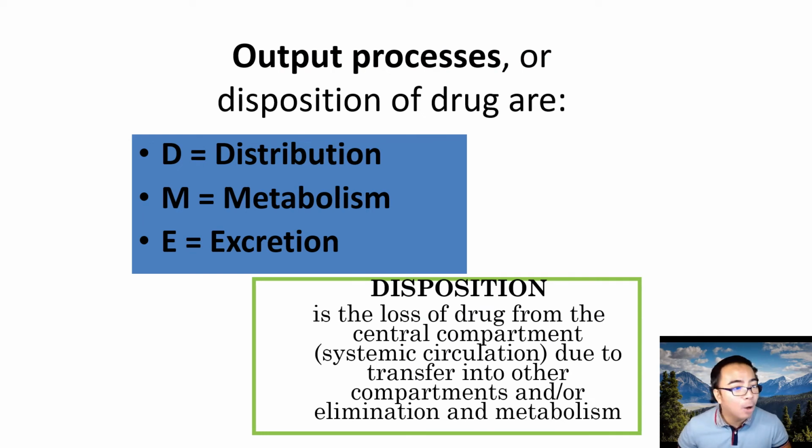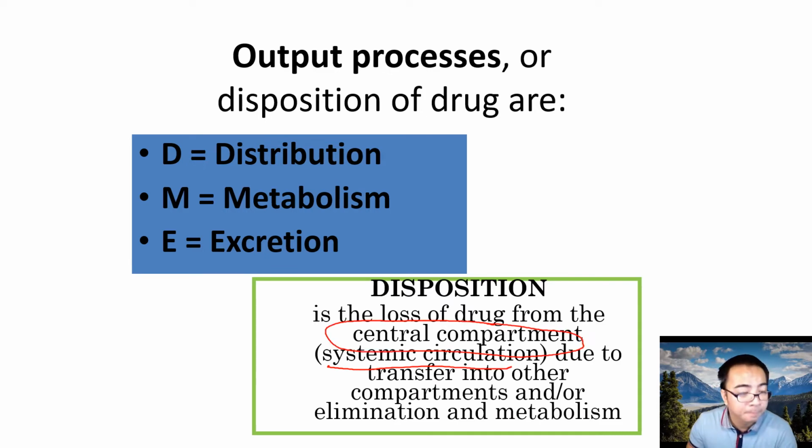Now, what are the output processes naman? For output processes, class, we have the following: distribution, metabolism, excretion. Now, so sa ADME, so DME, class, is part of the disposition process, or what we call the output processes. Okay, kasi class, by definition, disposition is simply defined as the loss of drug from the central compartment. So meaning, once a drug leaves the bloodstream, central compartment nga pala here refers to your systemic circulation.